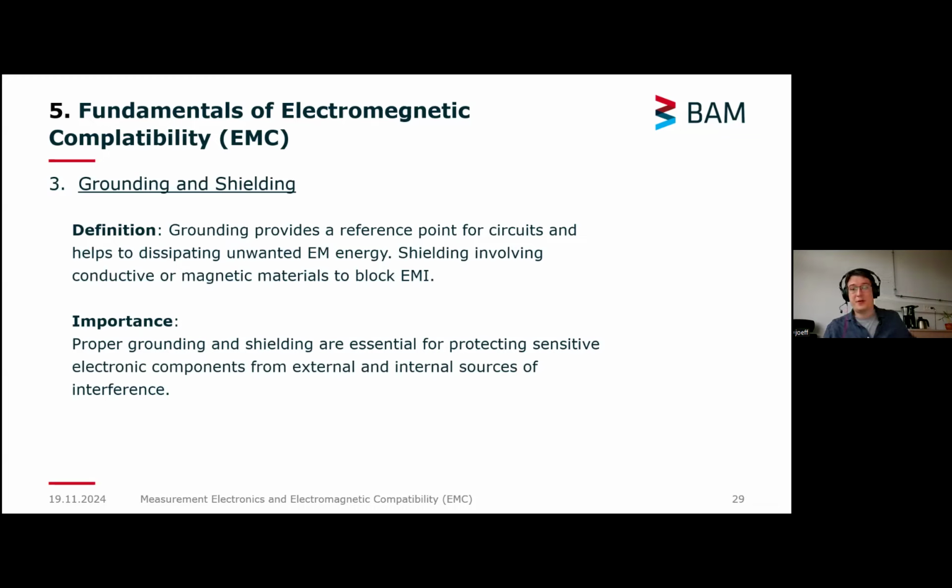As I said, the grounding is the most important, and the connections of the grounding points internally of a device, which connects all the modules and the different signals.